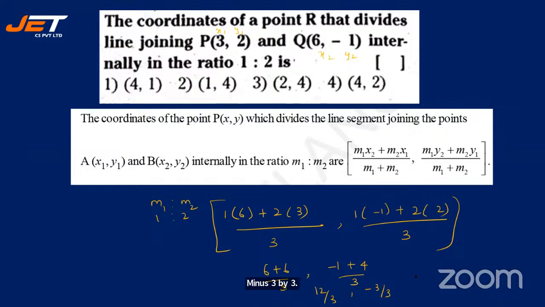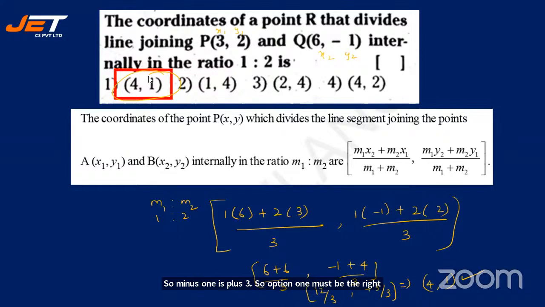So your answer must be 12 by 3 is 4, comma, 4 minus 1 is plus 3, which is 1. So option 1 must be the right answer.